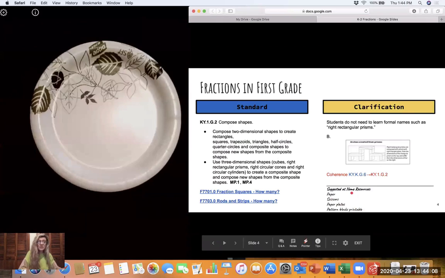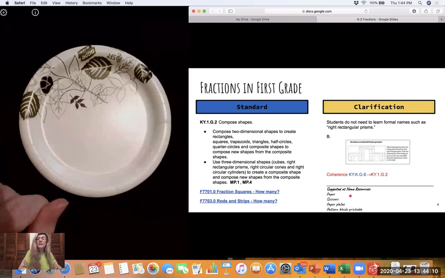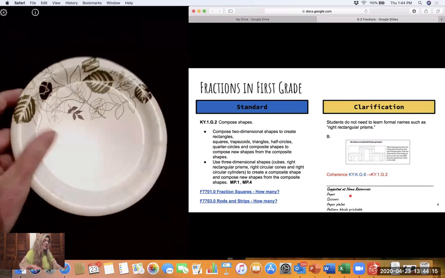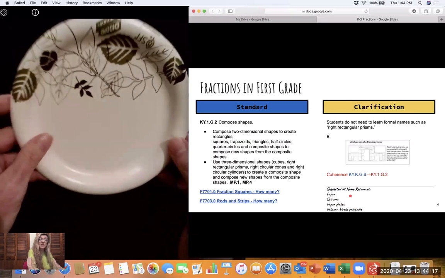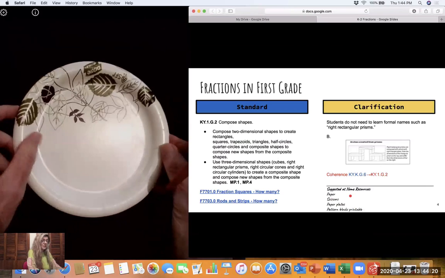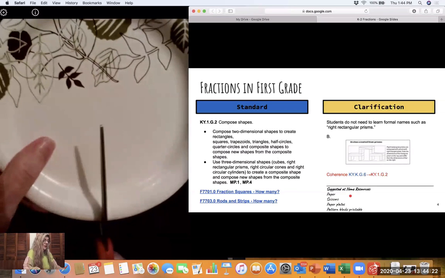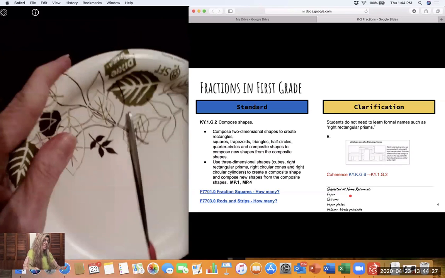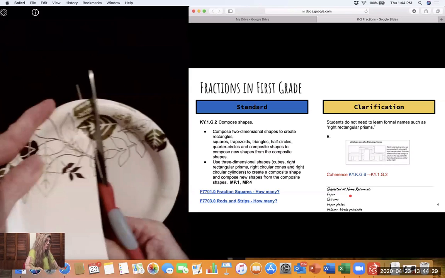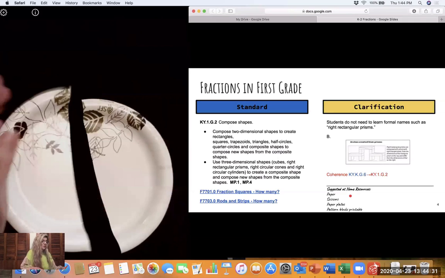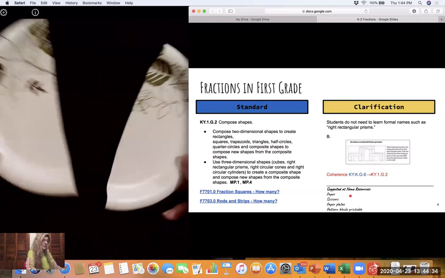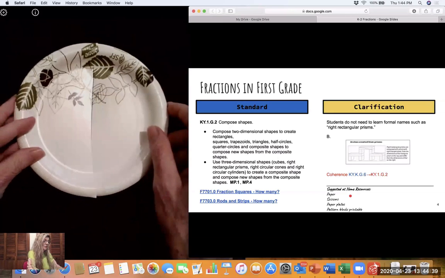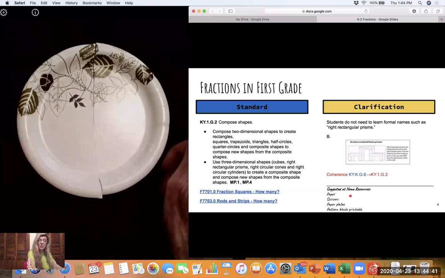Now most parents will have paper plates in their home more than likely, and what they can do is take that paper plate and ask the kiddos to cut it into 2 parts. And if they can't do that, then they could cut them for them. And then of course they can talk about how that's a half a circle.